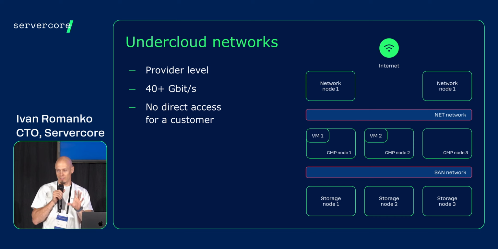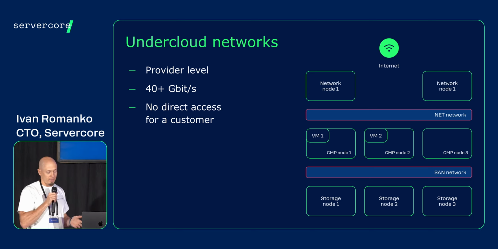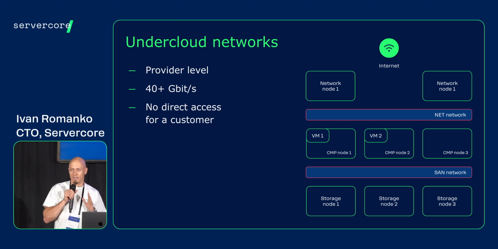These two types of networks are provider level networks. They are high throughput, offer lots of gigabits per second, and we use them to host user level networks. So they are being fed one into another.